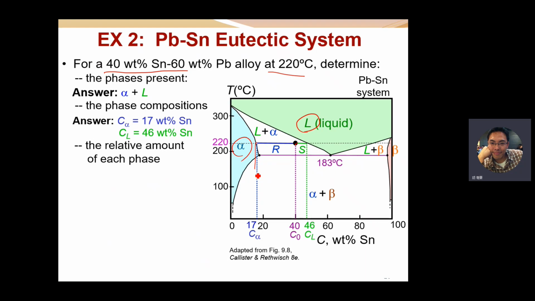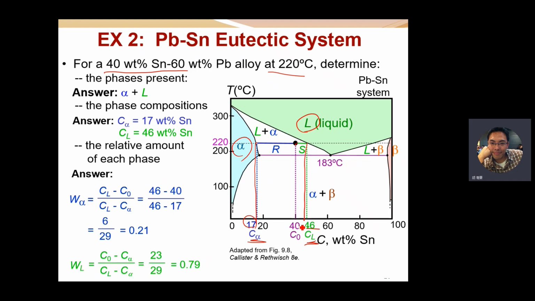And we can get its phase composition. The composition of the alpha solid solution is about 17 weight% of tin, and the composition of the liquid is about 46 weight% of tin.